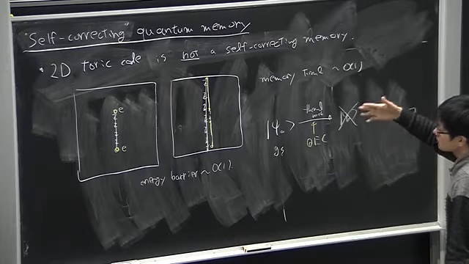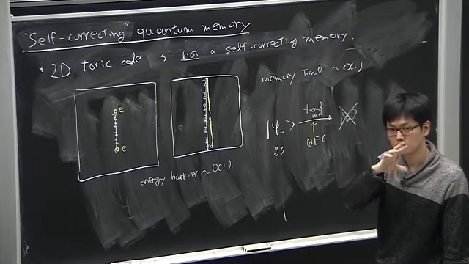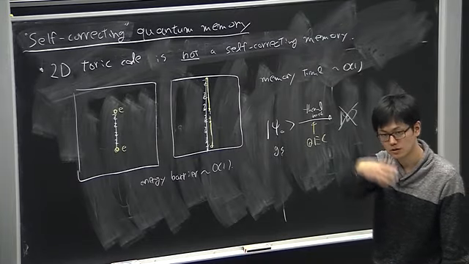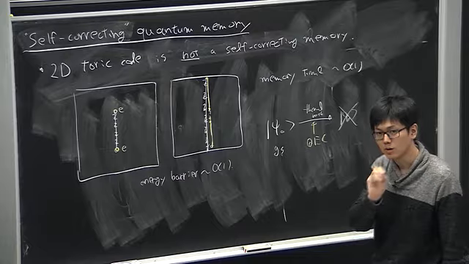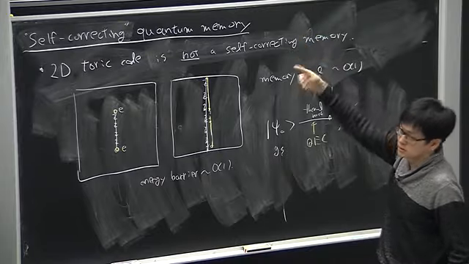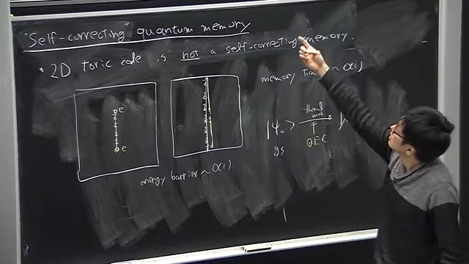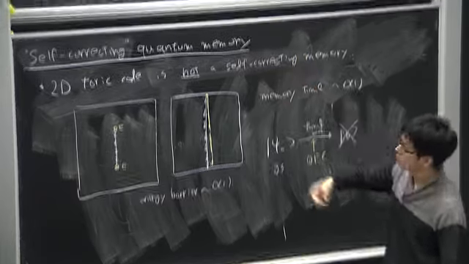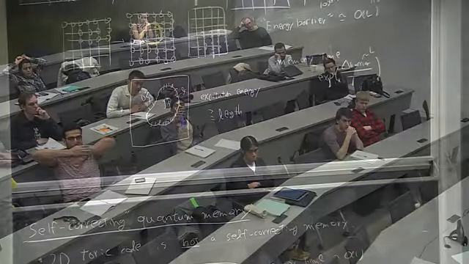So we are defining the energy barrier as the following. You start from one of the code word states and then move to another code word state by applying local Pauli operators. In the classical case, the strategy would be to flip all the spins, but if you do it one by one, you need to create a region of ones and then grow it.